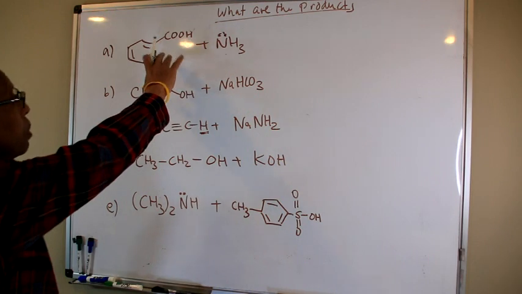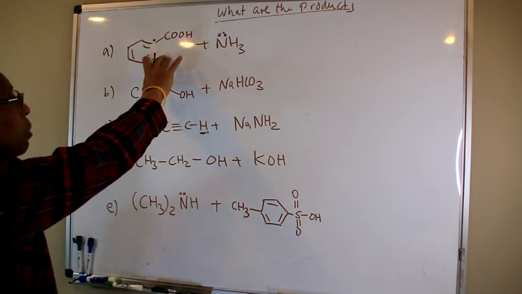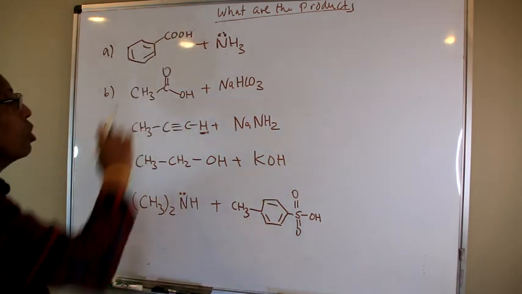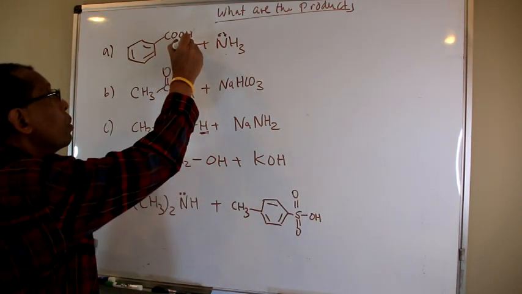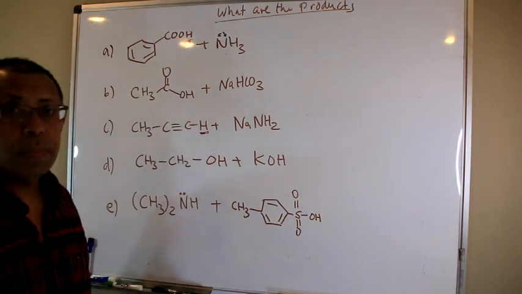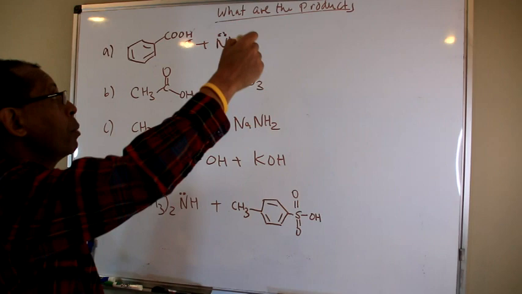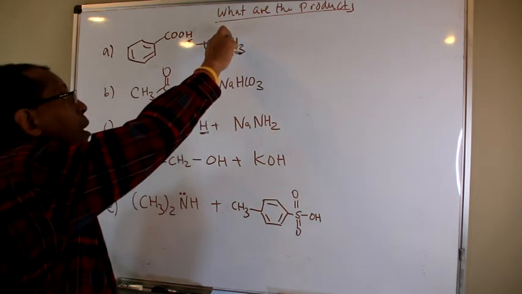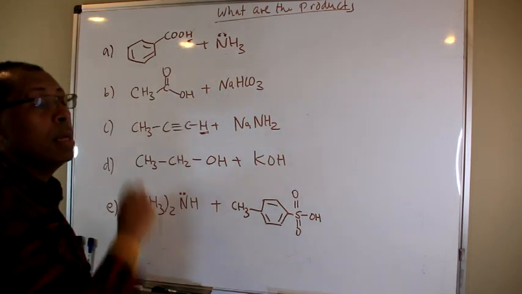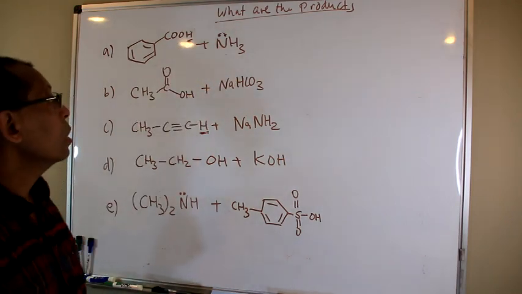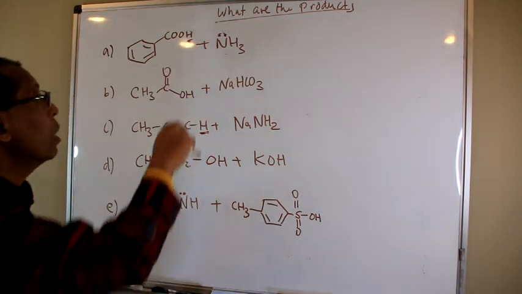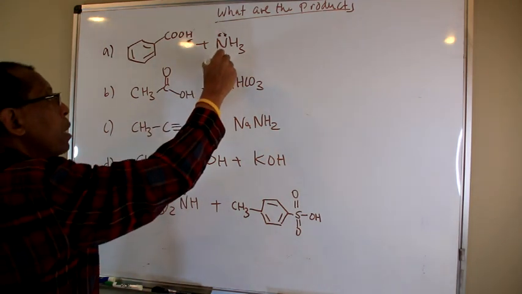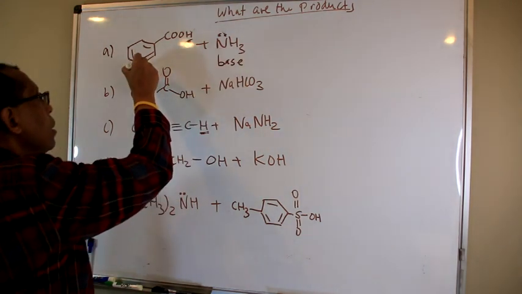So in this problem, the carboxylic acid, COOH, shows you this proton is very acidic. And as in our discussion before, this pair of electrons can take some protons from nitrogen as a weak base. Therefore, this acts as a base, and this is the acid.